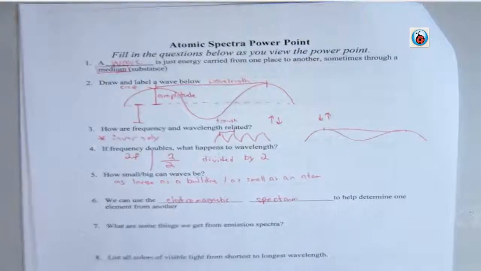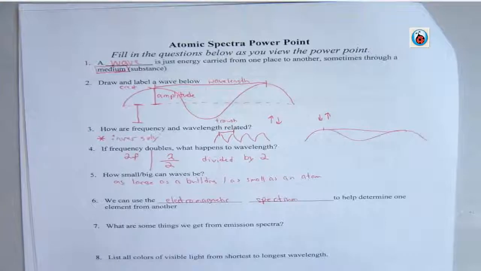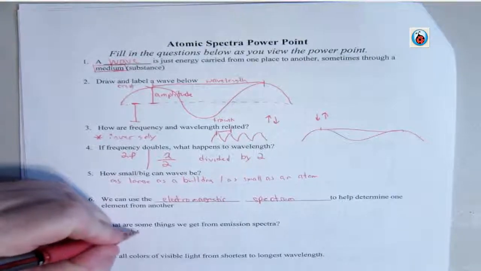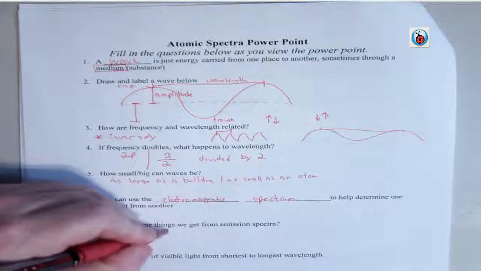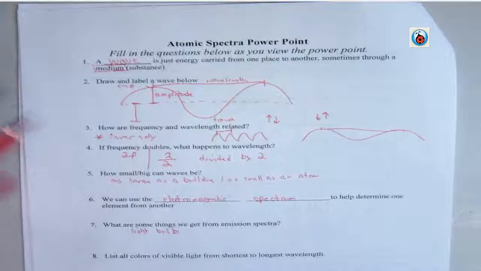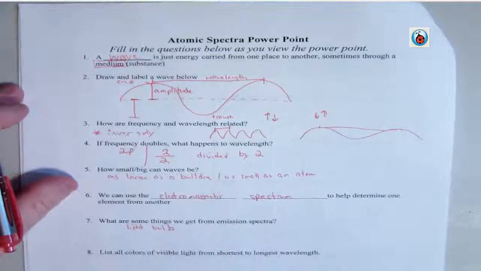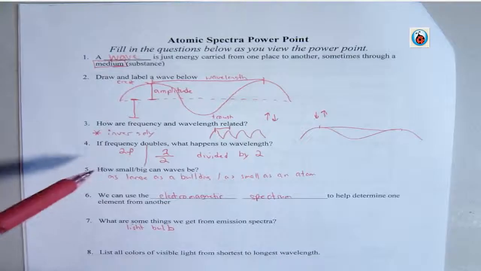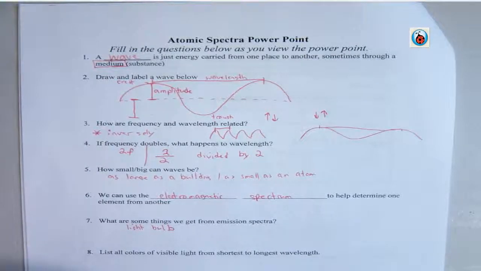What are some of the things we get from emission spectra? So from looking at these spectra, light bulbs would be something. And more specifically about light bulbs, for instance, neon signs. It's a neon sign because it has a certain gas in that tube, and you run electricity through it, and that gas emits a specific color, right?